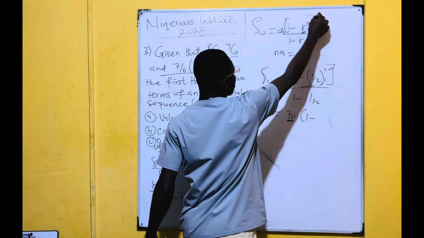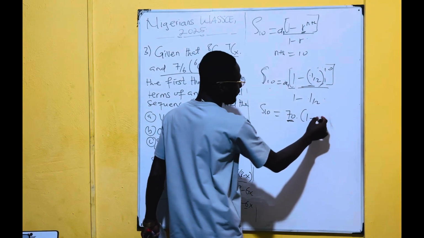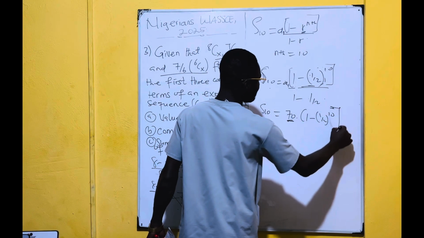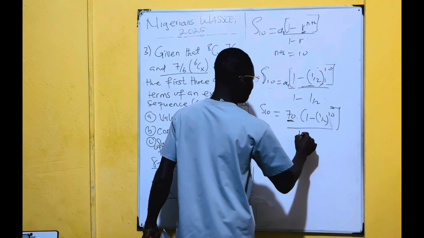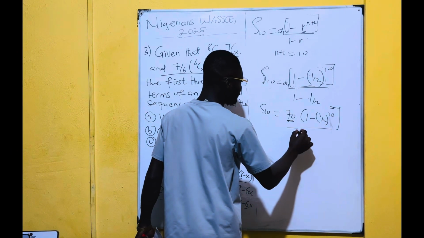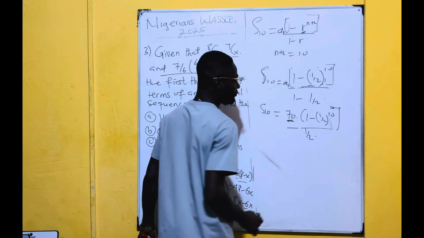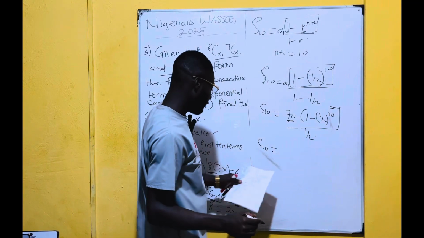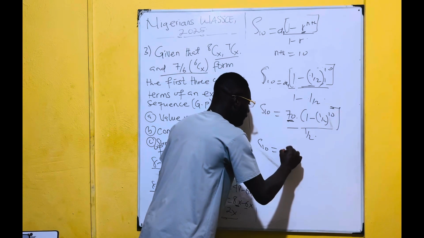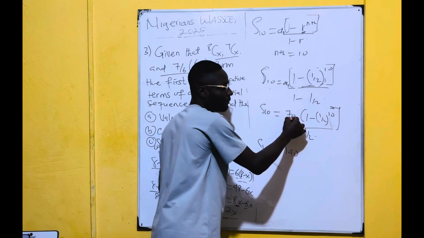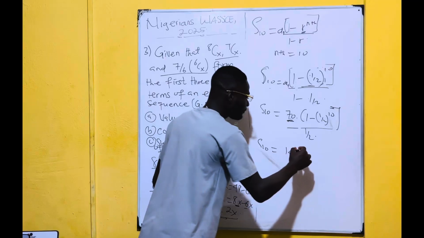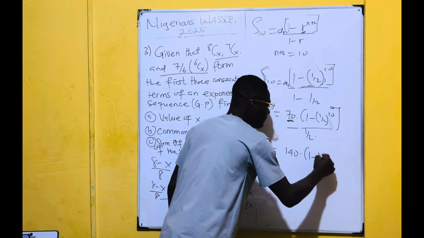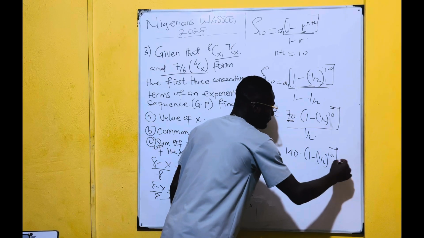Now we have half to the power 10 divided by 1 minus what? Half. And 1 minus half is what? Half. Right? So we have this to be 140, because this comes up and we have 140, right? Times (1 minus half to the power 10) here.